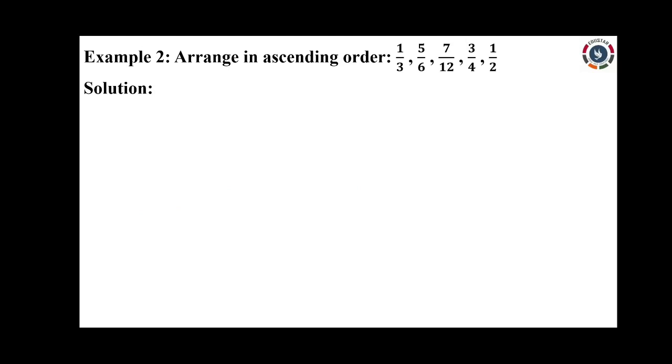So we have to convert the unlike fractions into like fractions. To convert unlike fractions into like fractions, we have to find the LCM of the denominators. Here the denominators are 3, 6, 12, 4 and 2.